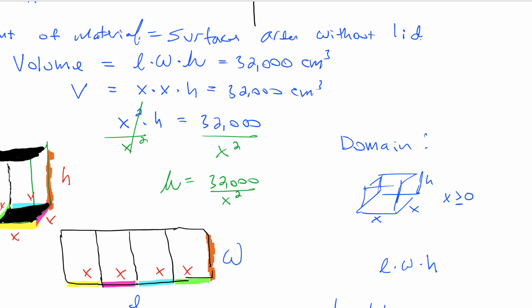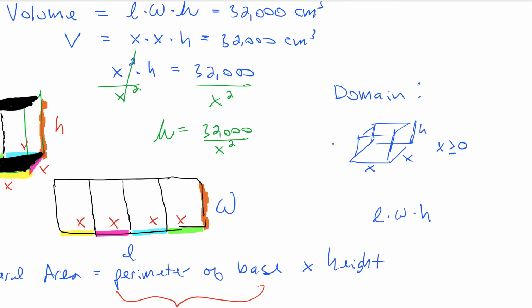Hold on a sec. Okay, so what's weird about this problem is that x can be anything. Normally they're not always like that. Like if you have so much fencing material, there's only so much x you can use.